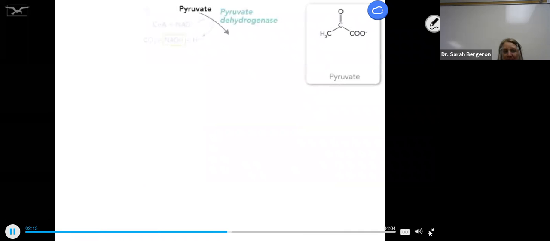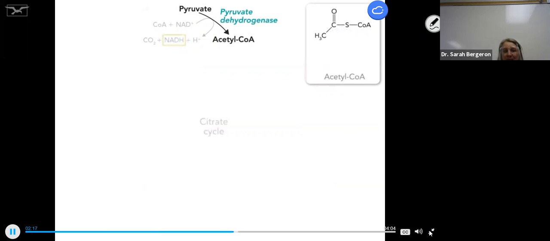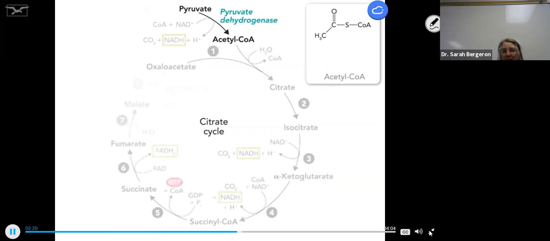The product of the pyruvate dehydrogenase reaction, acetyl-CoA, is used to fuel the citrate cycle. The first reaction in the citrate cycle commits to the acetate unit of acetyl.